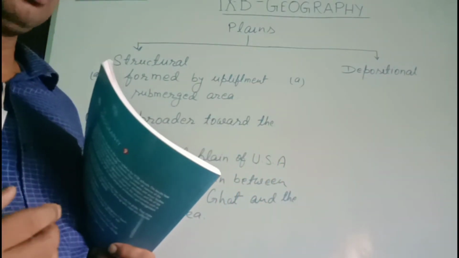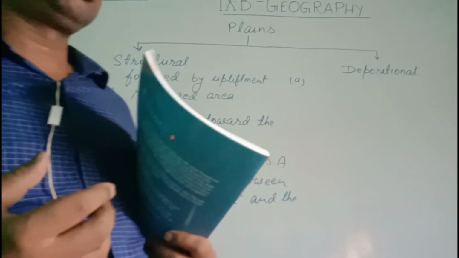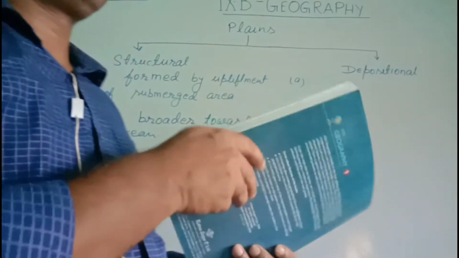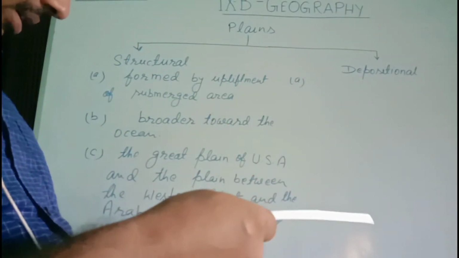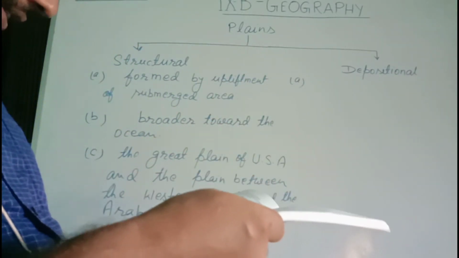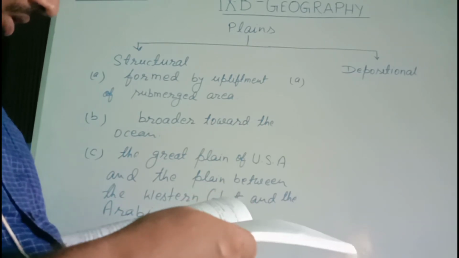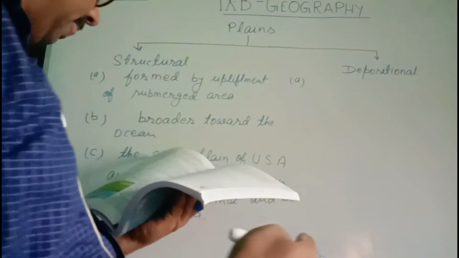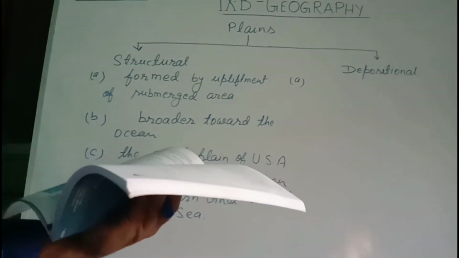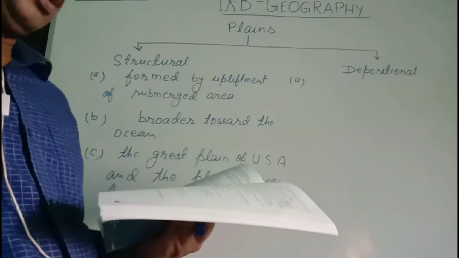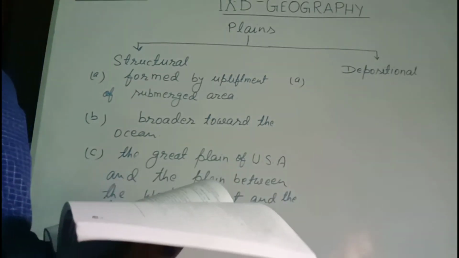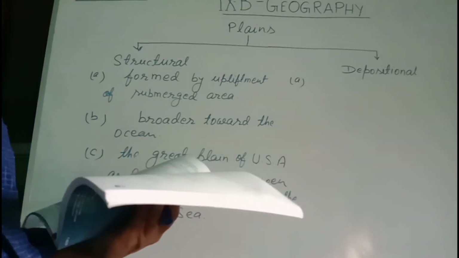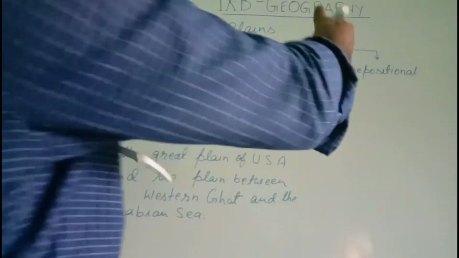Those may be water, wind, and glaciers. The depositional plain is classified again into three types. Those are alluvial plains, drift plains, and loess plains.